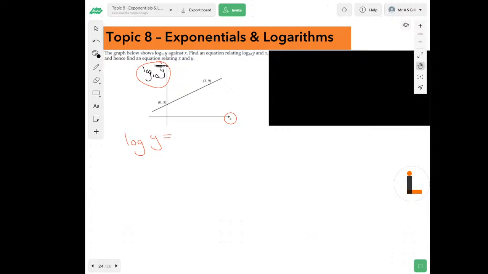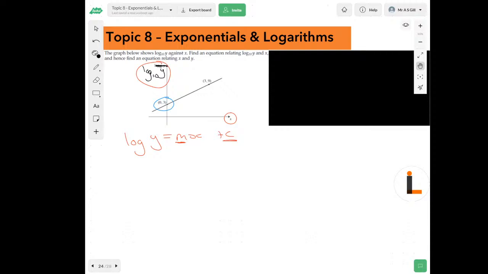So we have log y is equal to mx plus c. We need to find these m and c values here. Well, c is clearly going to be this value here.